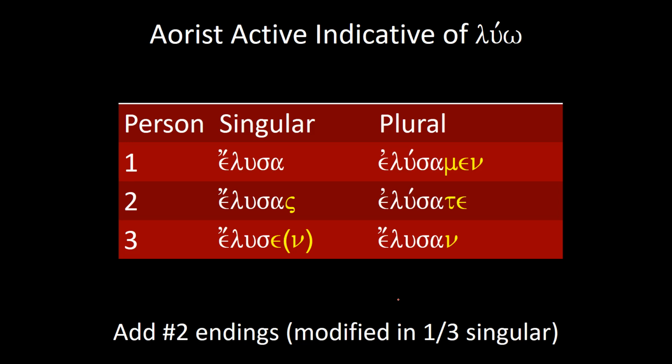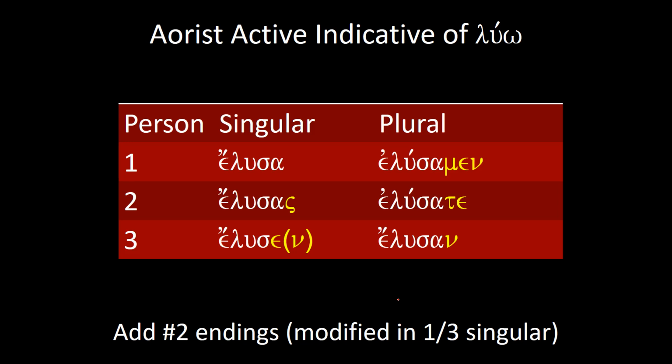So elusa, elusas, eluse, elusamen, elusate, elusan. Blank, sigma, movable nu. Now notice on that third singular form, it switches to epsilon. This is really good news for us because it helps us to distinguish between first singular and third singular.